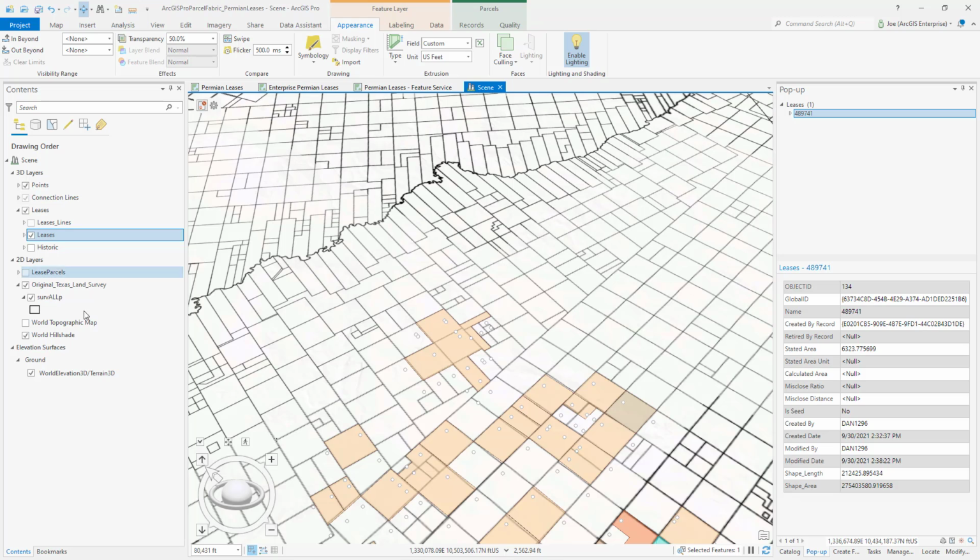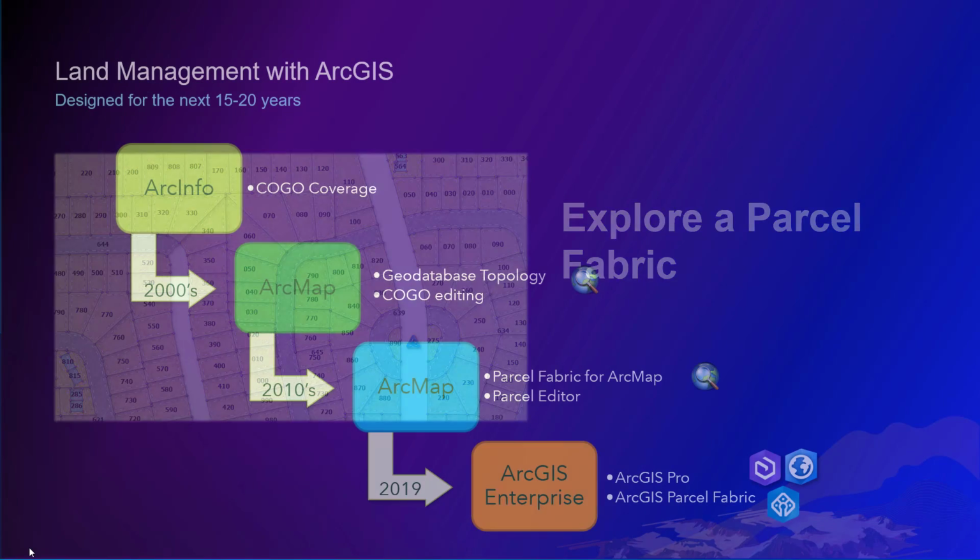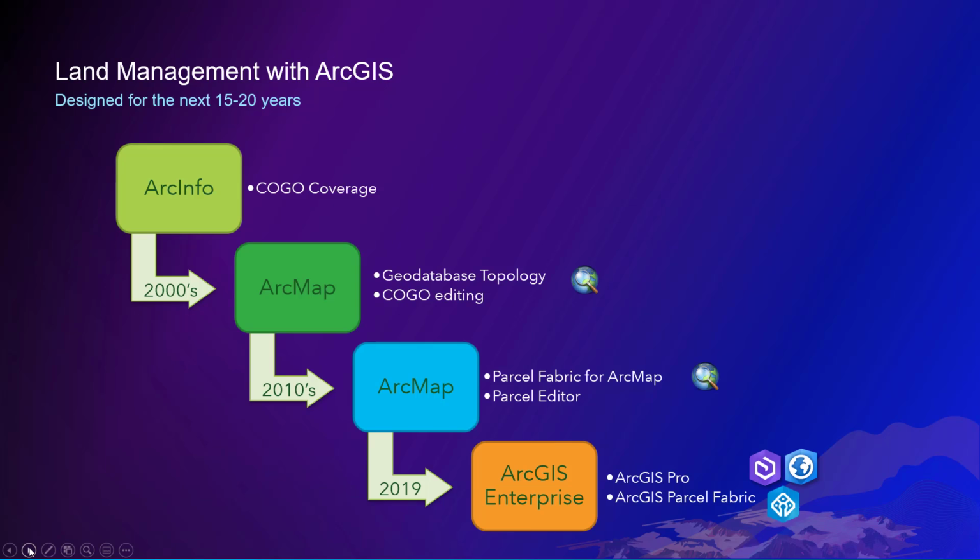Let's go back and recap what we just saw. So the Parcel Fabric is ESRI's land records management solution and has been designed to meet the land records community needs for the next 15 to 20 years. And every generation improves on previous generation to meet the new requirements.